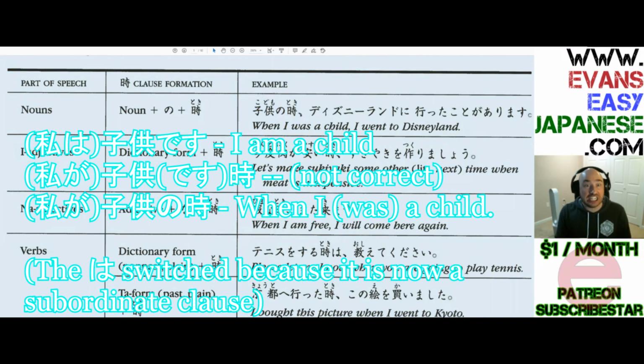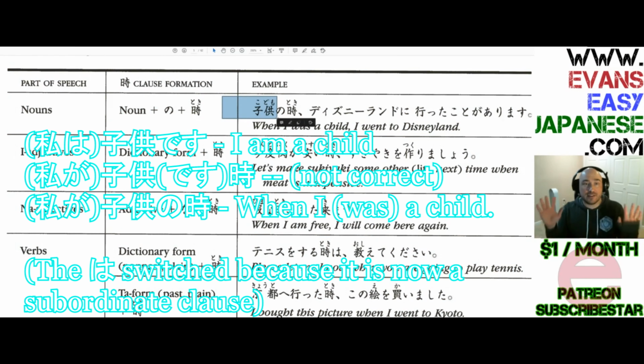So notice how if we just left it right there, that could be a sentence. Watashi wa kodomo desu. I am a child. We could say watashi ga kodomo no toki, and it would mean the same thing.